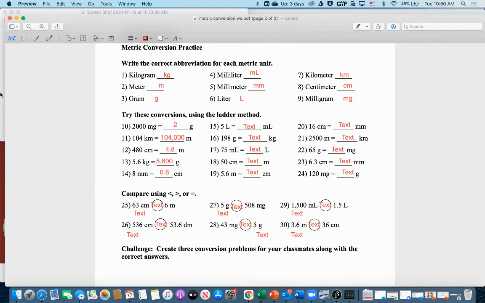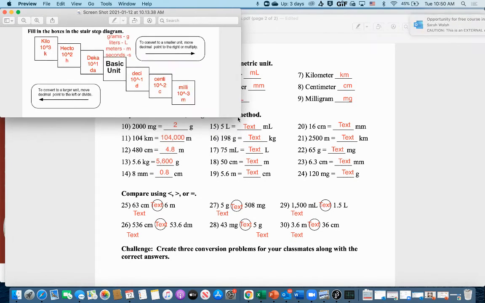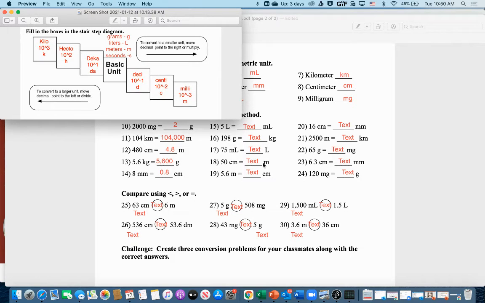Okay, at this point, I would highly recommend that you pause the video and go ahead and see if you can work out these 10 on your own. When I went over this in class, we gave time to work these out. See if you can do these on your own.